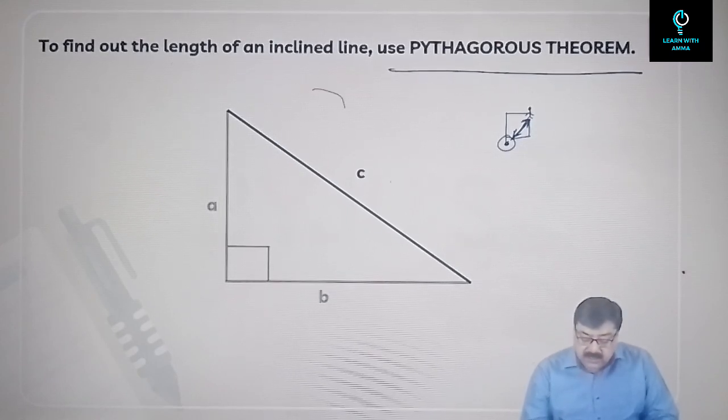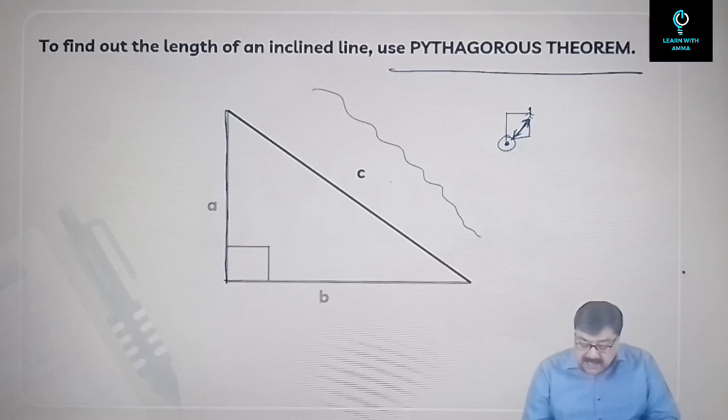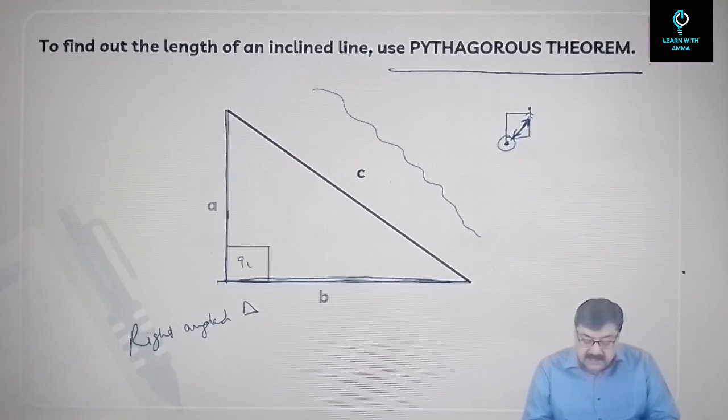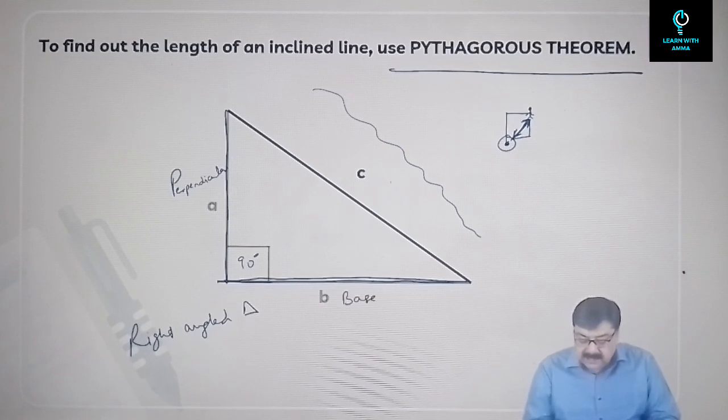So here you see an inclined line and you want to find the length of this line. Take the vertical component and the horizontal component. You shall get a right angled triangle. This is the right angle. So as you know, this is perpendicular, this is the base, and this is the hypotenuse.